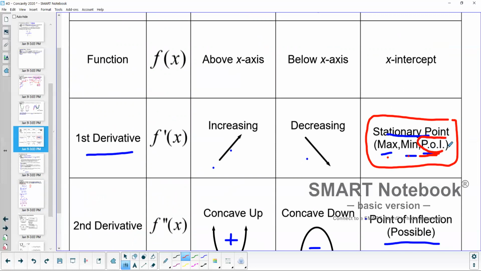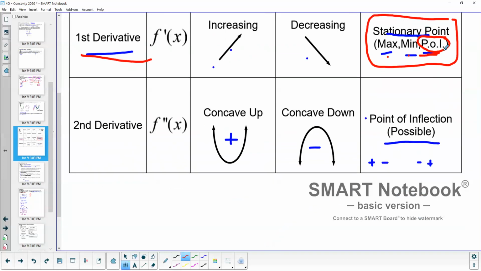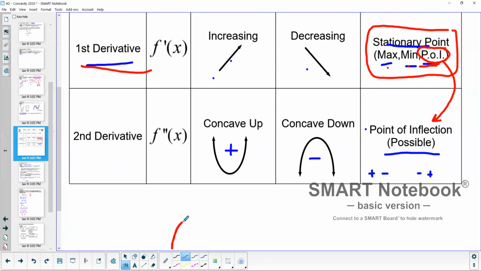These specific points of inflection are very unique because they show up on the first derivative, but they're still points of inflection. So they should also show up when we do the second derivative. Those horizontal points of inflection where you increase, flatten out, and then increase again should show up in your first derivative, but also in your second derivative.